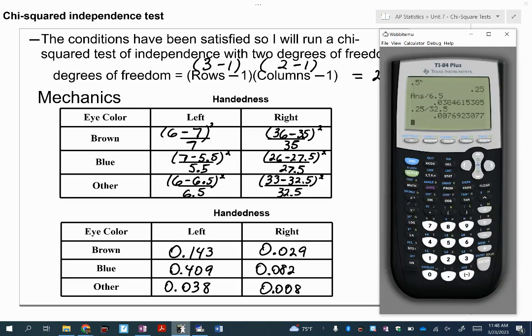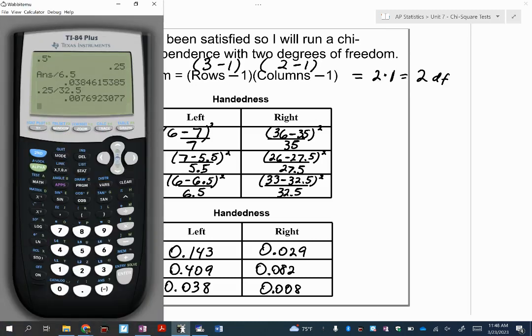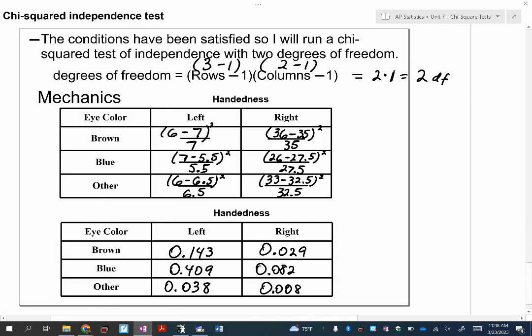I'm going to go back to my calculator, run the test again. Remember, it's letter C. And here is my chi-squared. So adding them all together doesn't even eclipse 1. Chi-squared is 0.708.